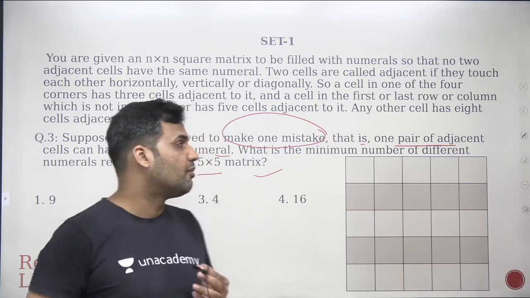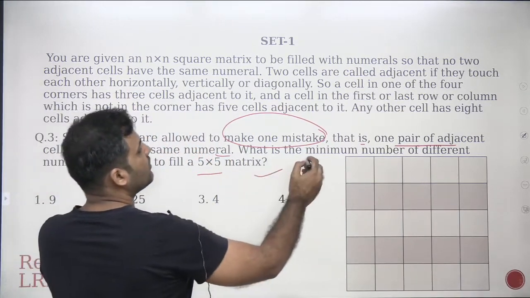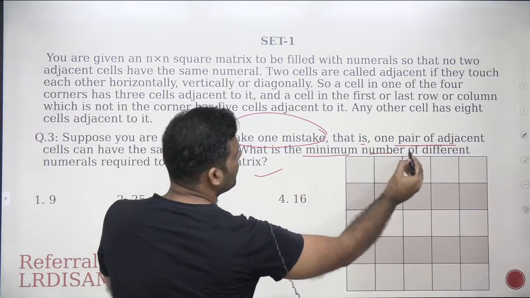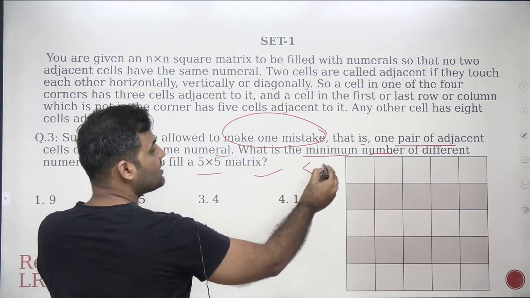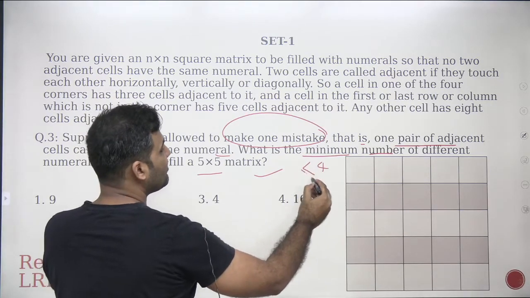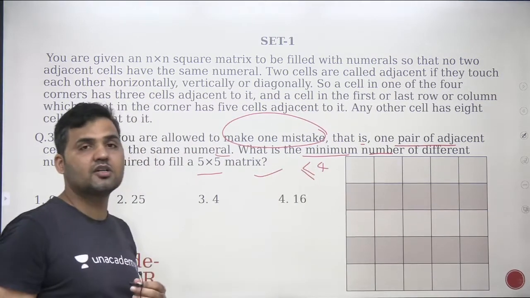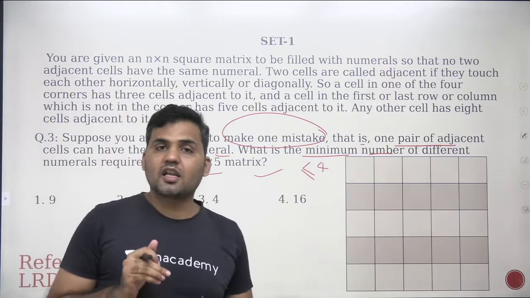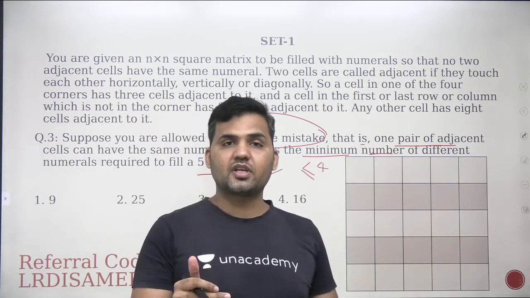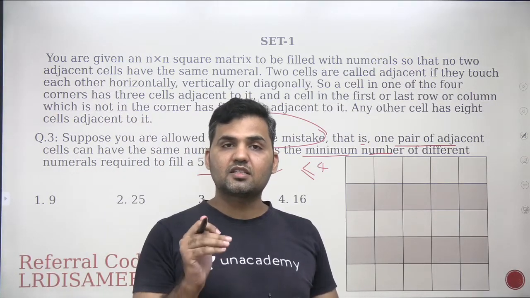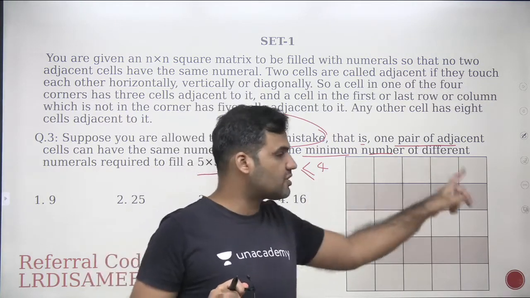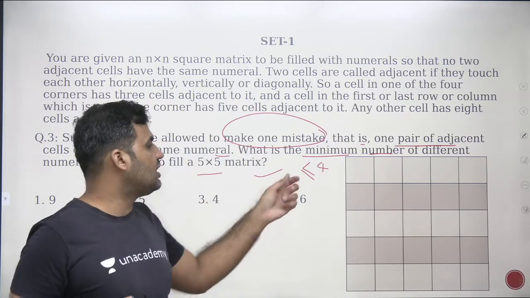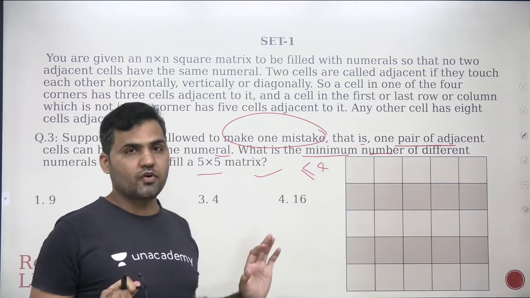That means my answer, if I am looking for the minimum number of numerals, has to be less than my previous answer, or at max equal to it, because now the examiner is allowing me to make one mistake. Making one mistake gives me the opportunity of using fewer digits to fill this matrix. So my answer will be less than or equal to 4.